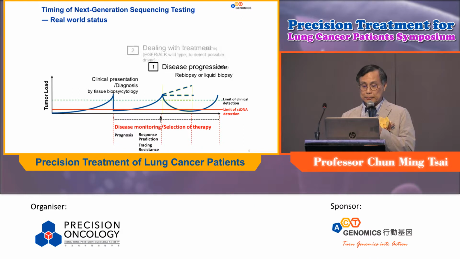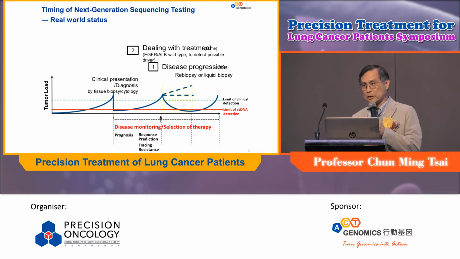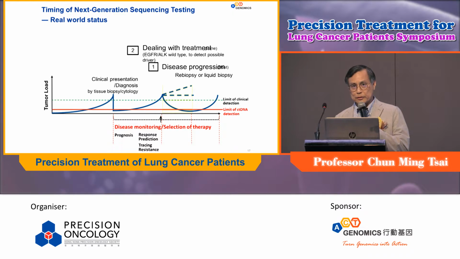The second most common samples we send are from patients initially diagnosed with non-small cell lung cancer, particularly adenocarcinoma, but initially found to have no EGFR or ALK mutation. In Taiwan, these two genes are reflex tests.